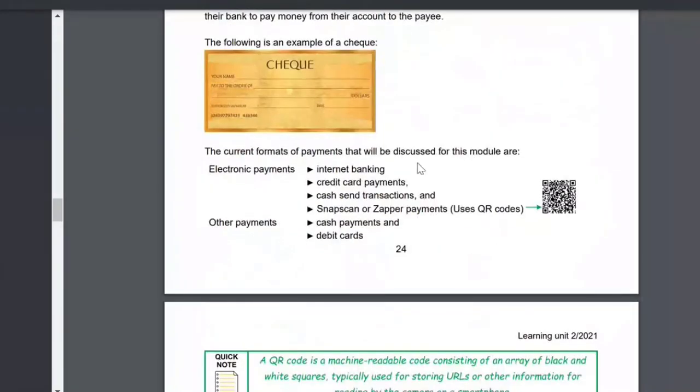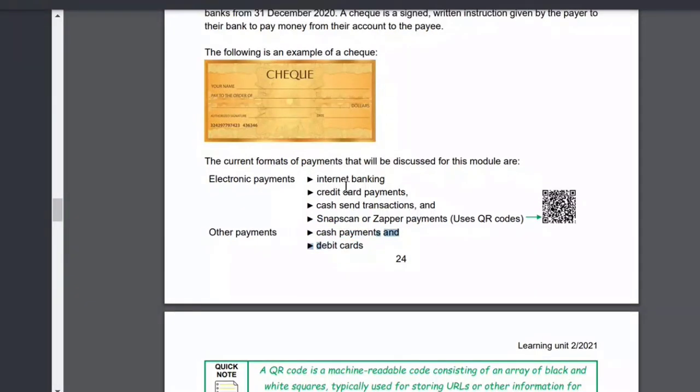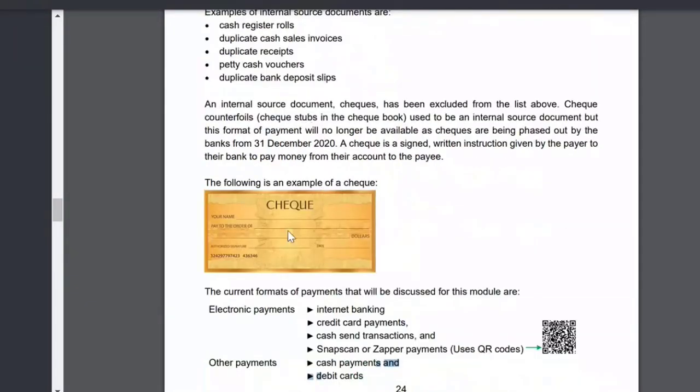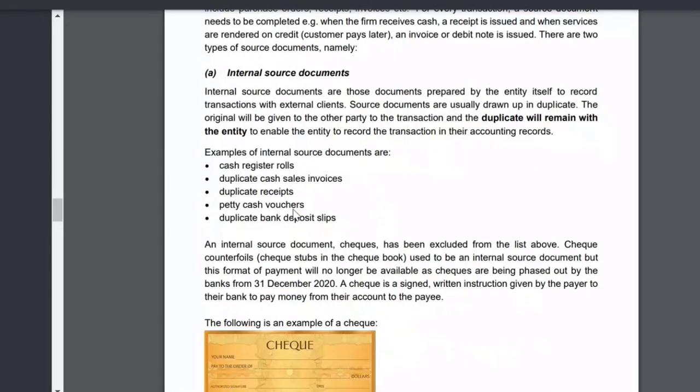Also, the current forms of payment that will be discussed in this module are internet banking, credit card, cash send transactions, SnapScan, cash payment, and debit cards. So this is just showing you that a check is also part of the internal source documents.